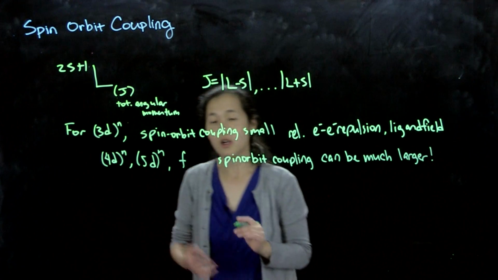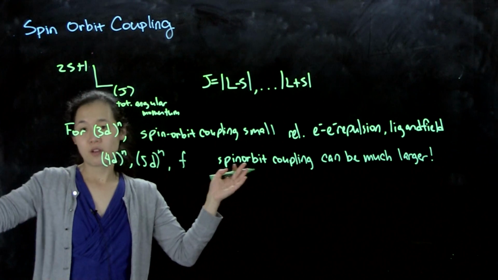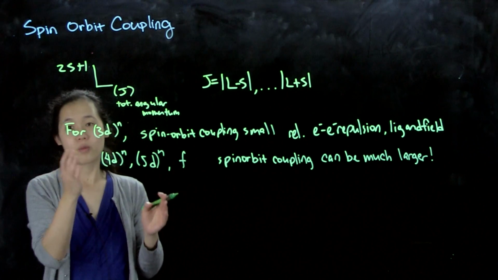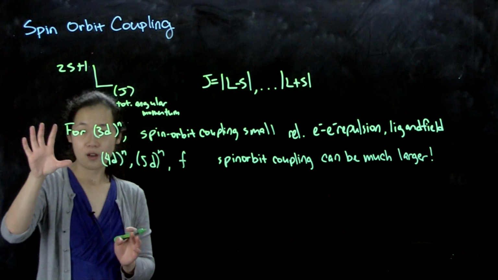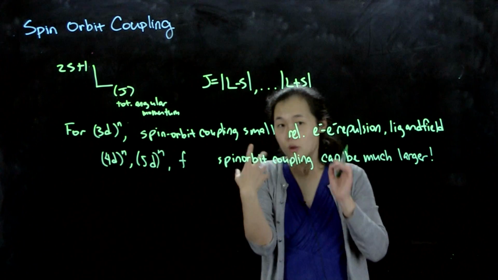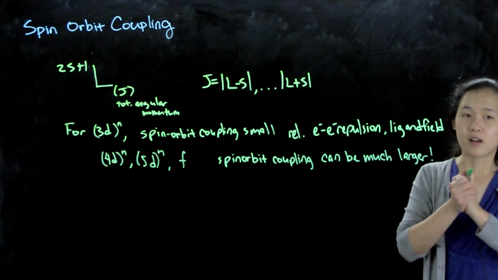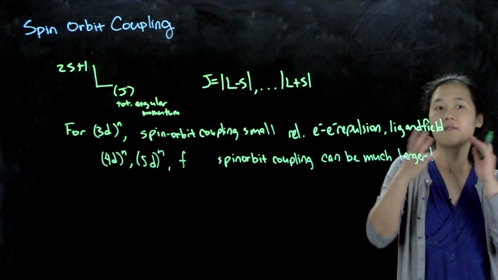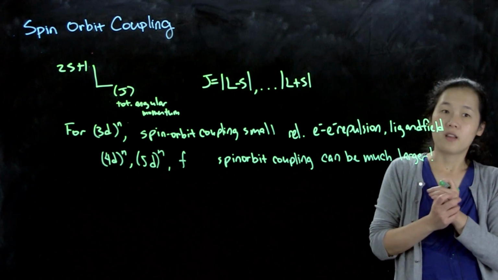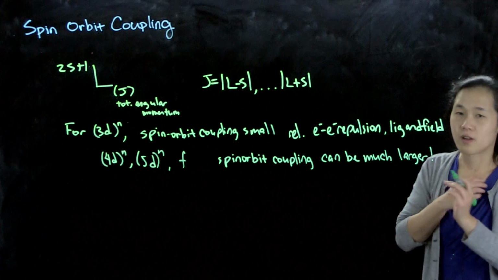When we have more protons in your nucleus, things are moving around faster, maybe just bigger orbitals, this coupling could be more important. So these are our relative terms. Often for the 3d elements, we can ignore spin-orbit coupling in spectroscopy. It does have some effects on the appearance of our spectra, but often it can be ignored. In the 4d, 5d, and f elements, it cannot be ignored because it's so big.